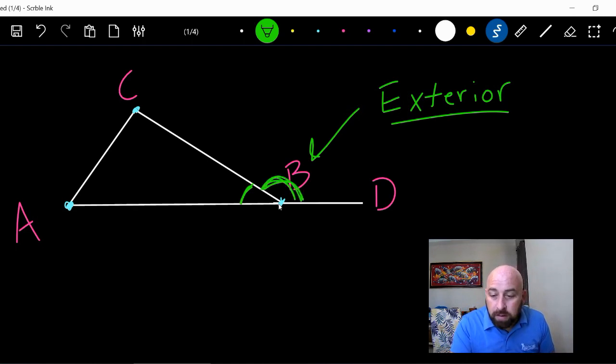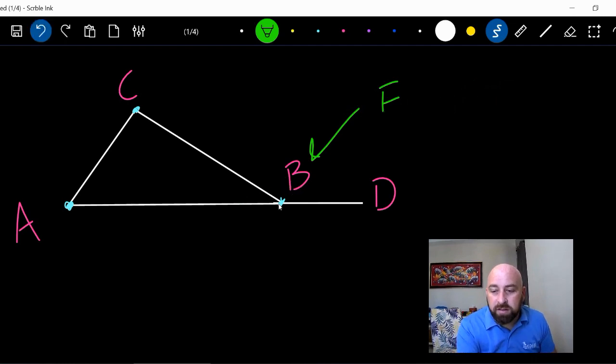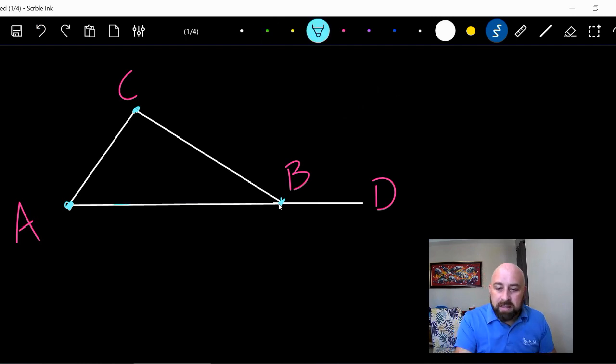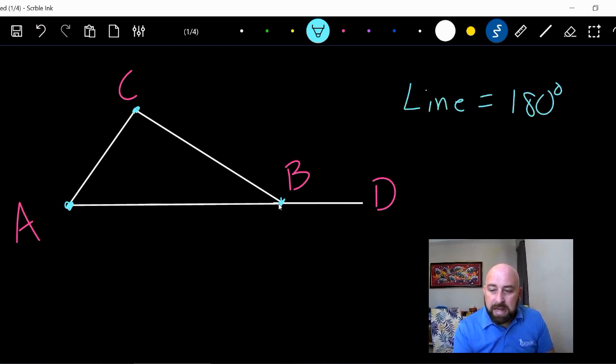Now I want you to think about something with this. Let me get rid of exterior and let's just focus on this for a second. What is this right here? Well, that's a line. And a line equals how many degrees? 180 degrees. So this is a line.